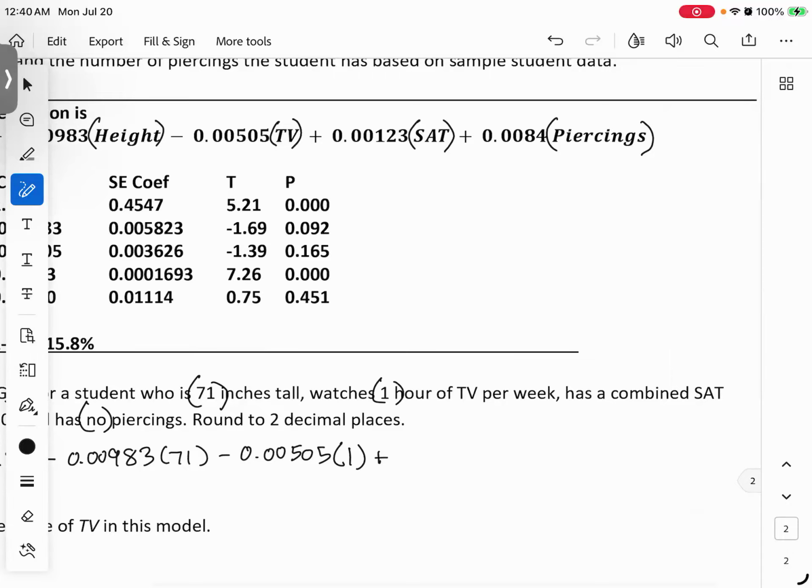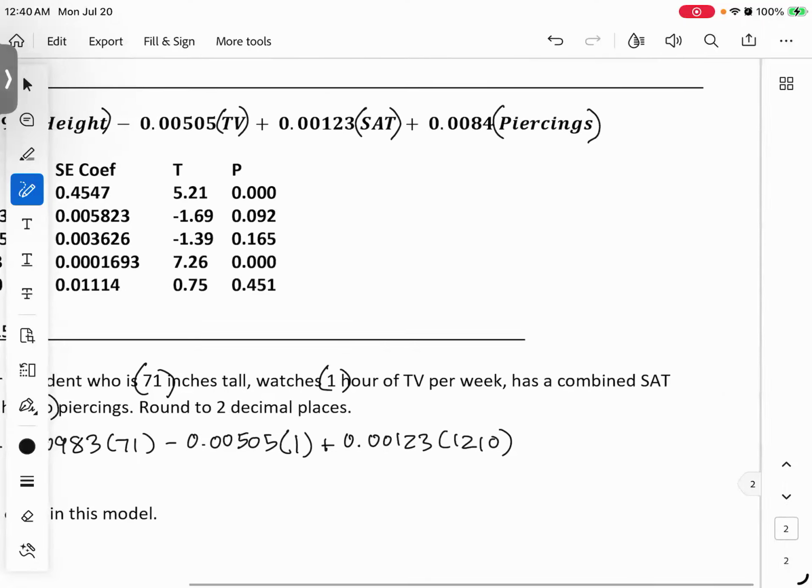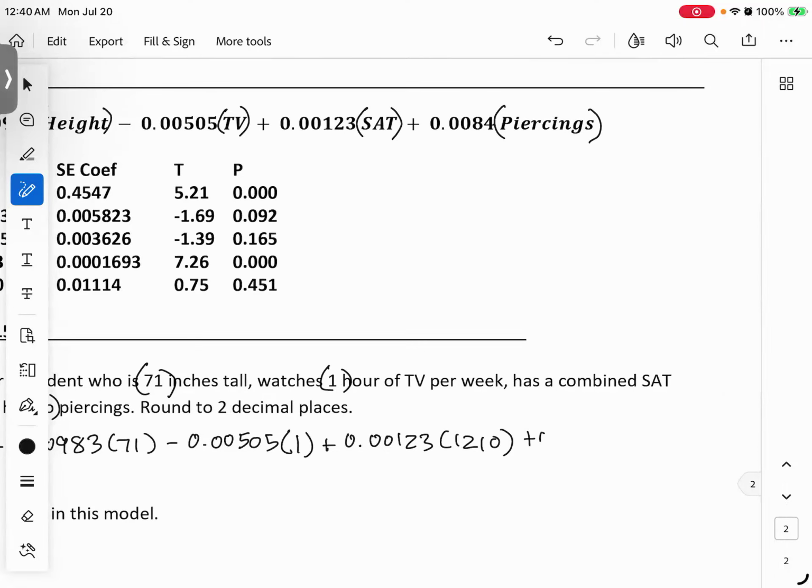Then we're going to move on to the SAT, which is the 0.00123. And suppose they've got a SAT of 1210. And then last, they've got no piercing, so 0.0084, plug in 0.